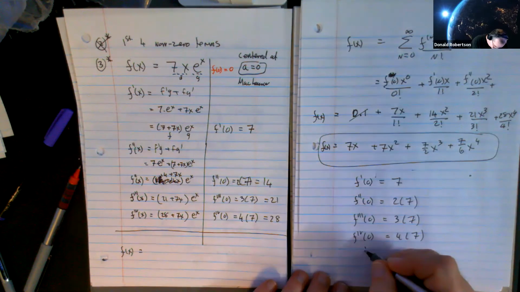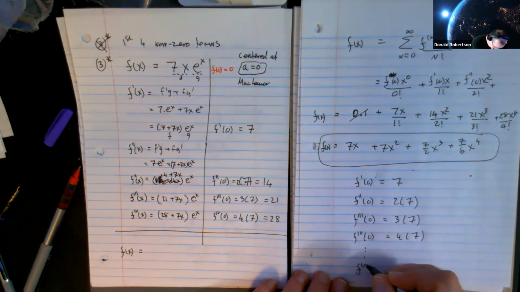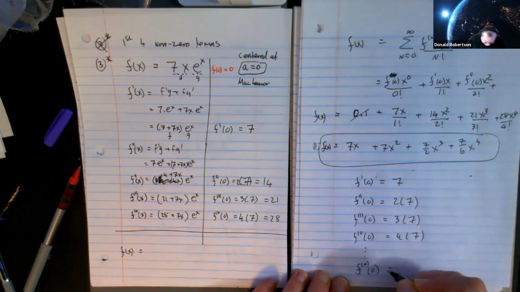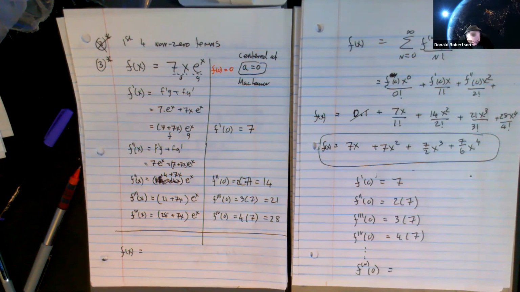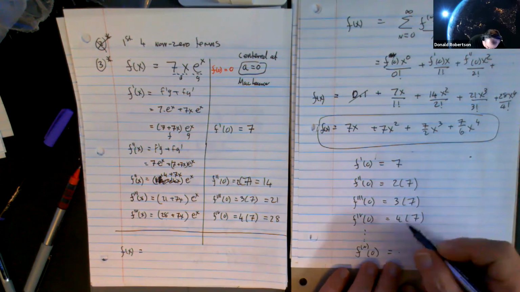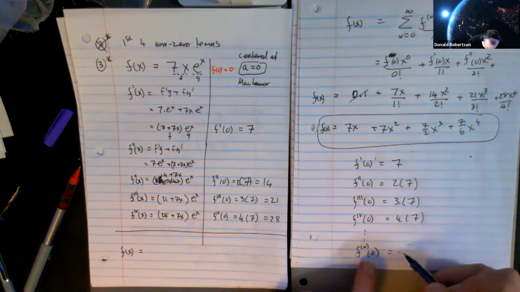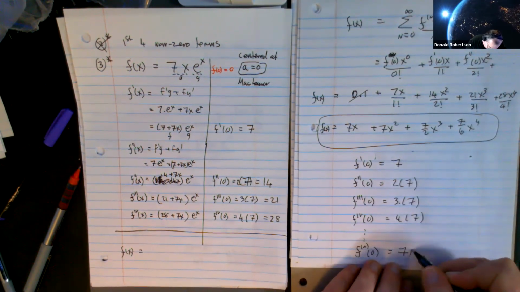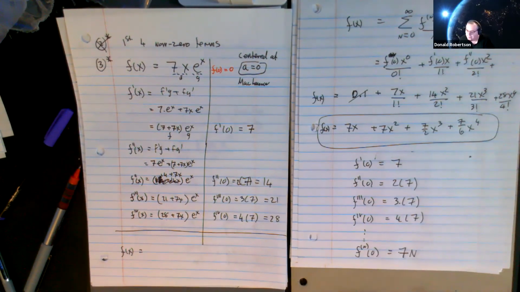There is a pattern here. What is the nth derivative? N times 7. Agreed. N, right? 4 gets you 4, 3 gets you 3, n times 7, which I'm just going to call 7n because it looks nicer, right?